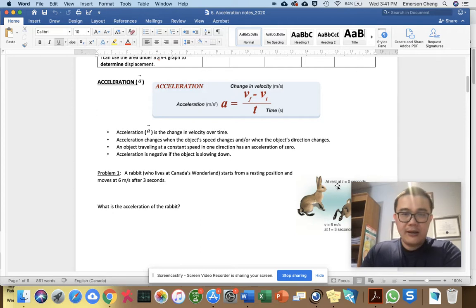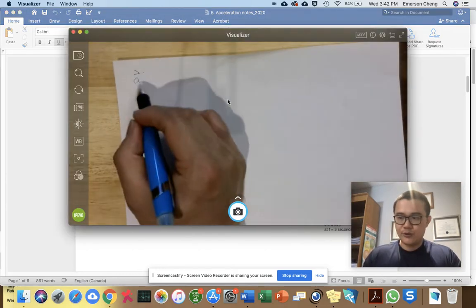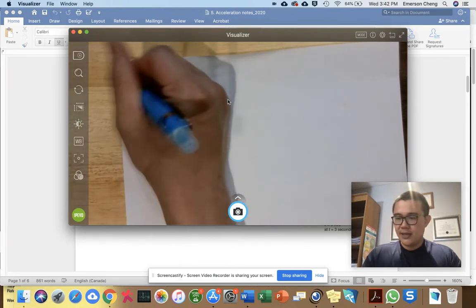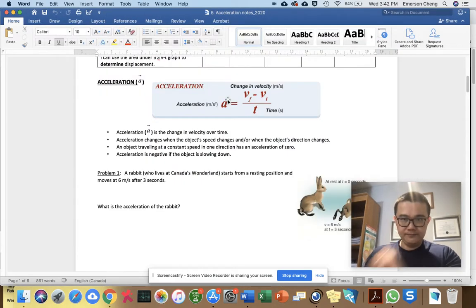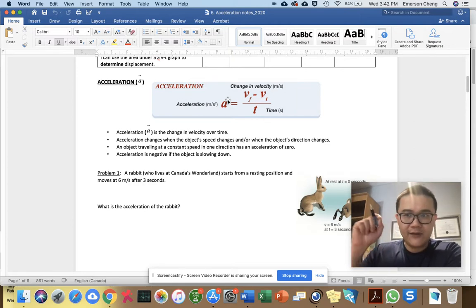Acceleration is a vector. It does have a direction, so as you can see, I put a small arrow over it. So you're talking about your change in velocity, how much you're speeding up or slowing down.